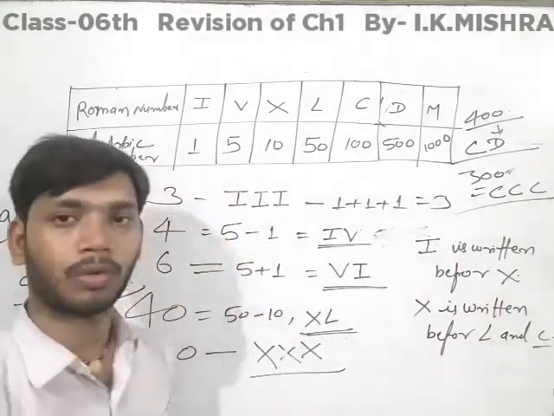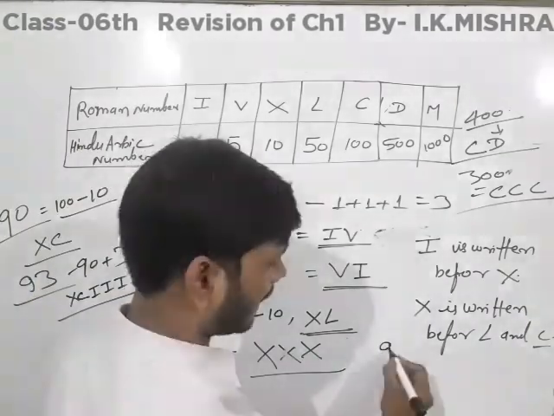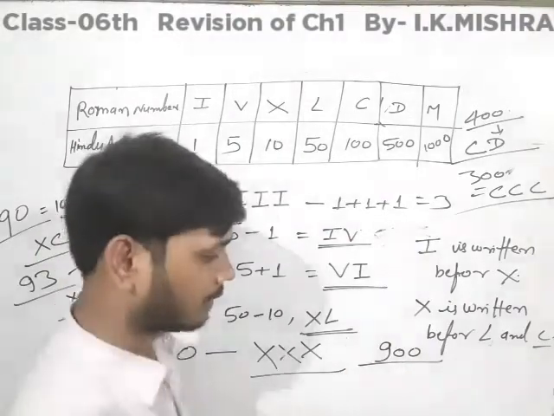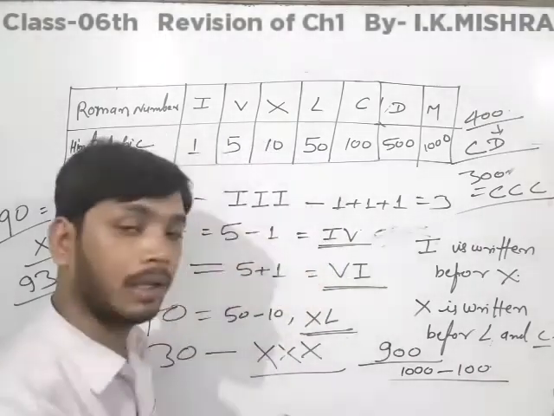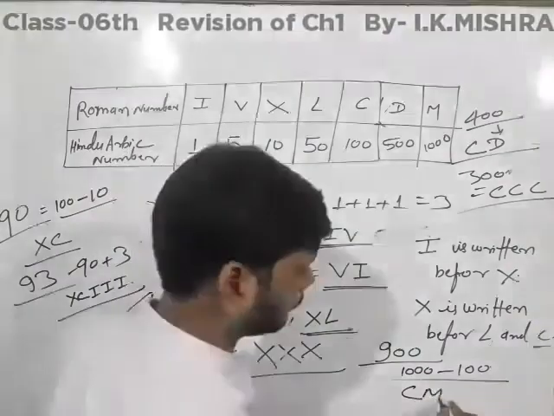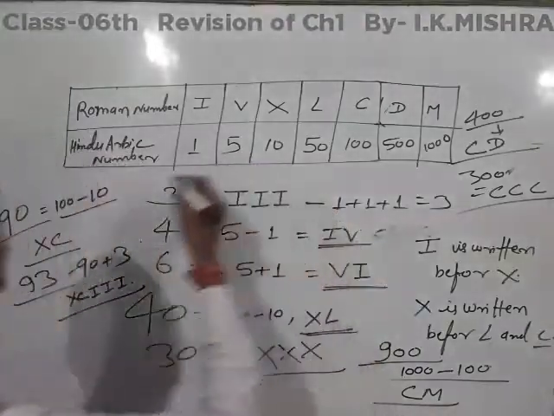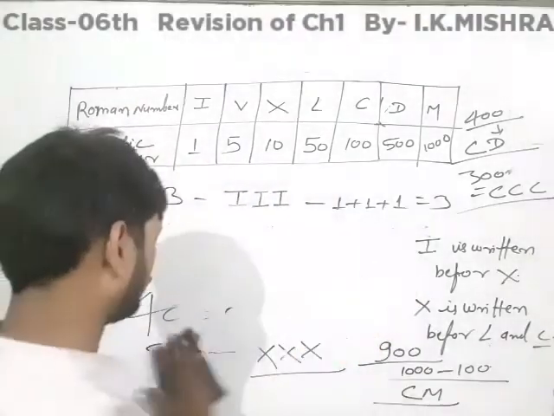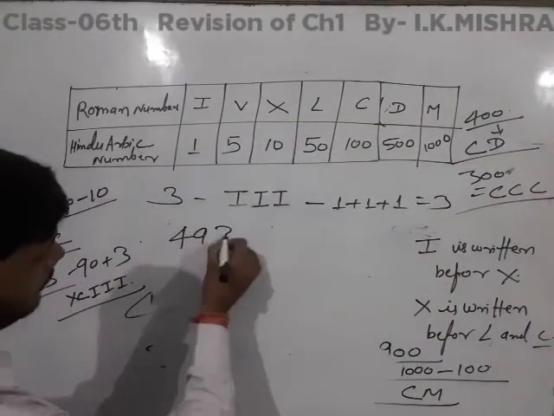Now proceed. Here you have to write 900. That means subtract 1000 minus 100, so C and M. CM means 900. Suppose you have to write 493.